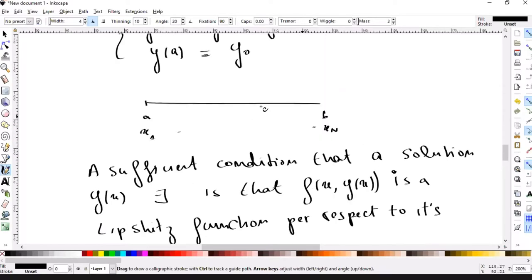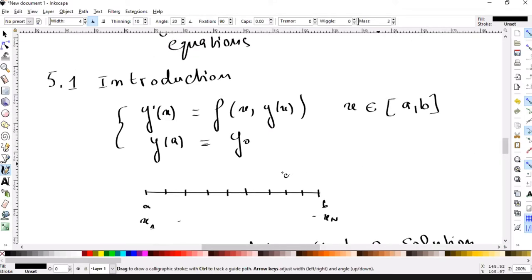We discretize the interval x, and we have this first point. So we have the initial condition, and we will calculate the other points.